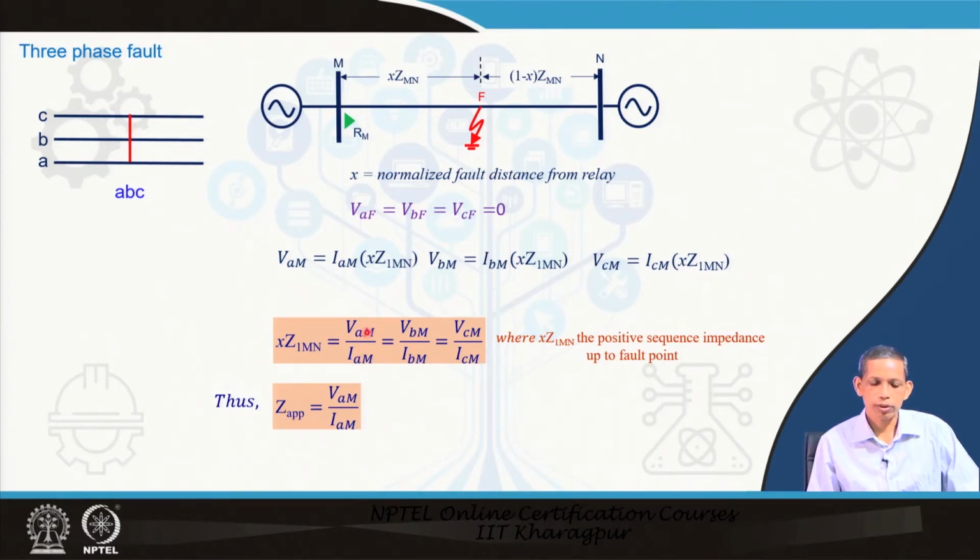So, that can be obtained from Vam by Iam, or Vbm by Ibm, or Vcm by Icm. So, the relations for apparent impedance which the relay will calculate at bus m become Vam by Iam, or Vbm by Ibm, or Vcm by Icm in case of a 3-phase fault.